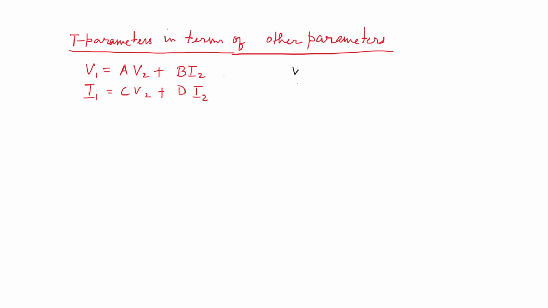So what is Z parameters? V1 is equal to Z11 I1 plus Z12 I2 and V2 is equal to Z21 I1 plus Z22 I2.